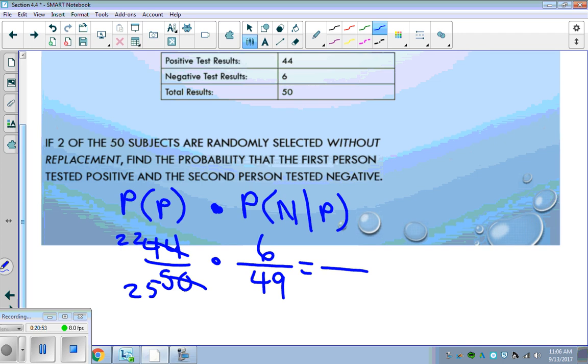What's 22 times 6? 132. And what is 25 times 49? And if I want to put that in a decimal, I'm going to round it to 3 significant figures, correct? And it's going to be 0.108.